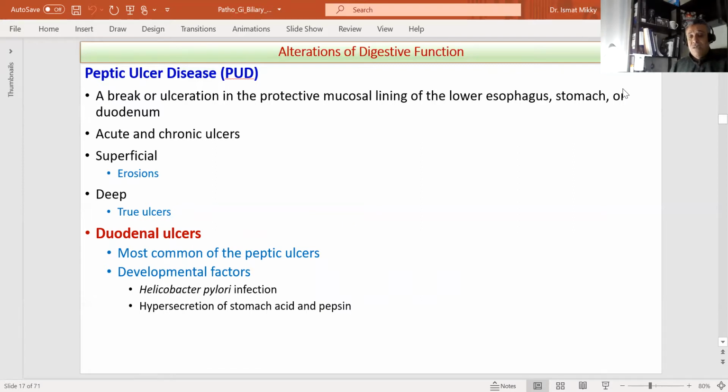Peptic ulcer disease, PUD, is the ulceration in the protective mucosal lining of the lower esophagus, stomach, and/or duodenum. And it can be acute or chronic.